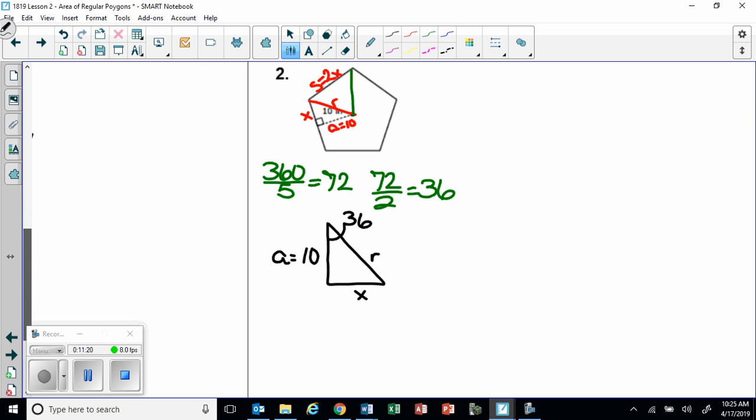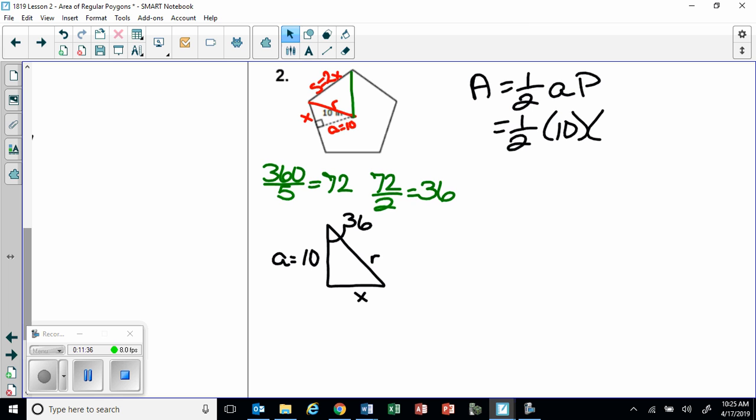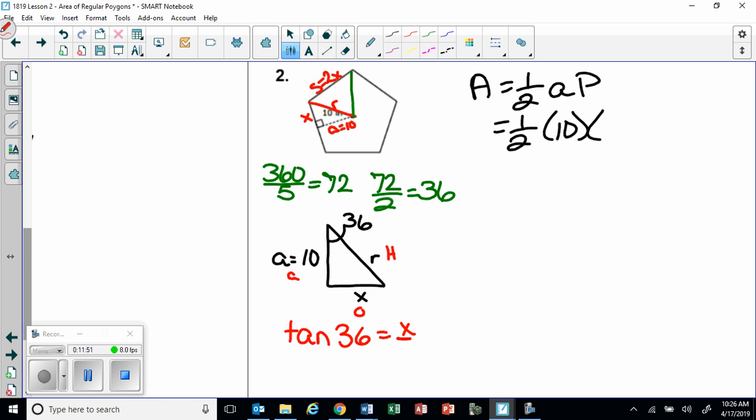Okay, I want area equals half the apothem times the perimeter. I know the apothem is 10. I've got to find perimeter, which means I have to find x. Trigonometry. SOHCAHTOA. Opposite, adjacent, hypotenuse. So if I use tangent, tangent 36 equals x over 10.